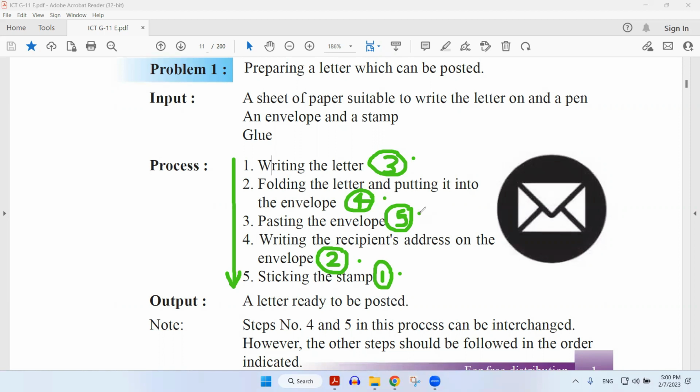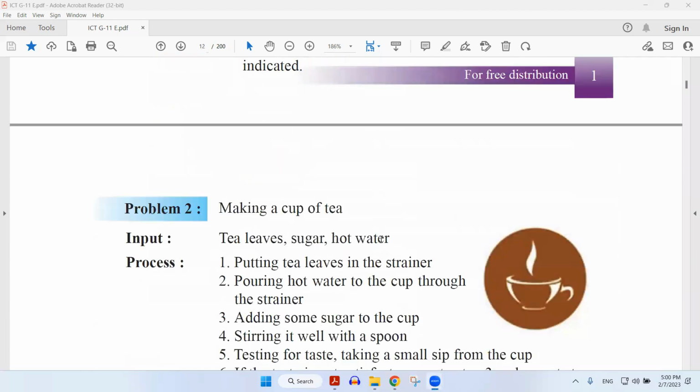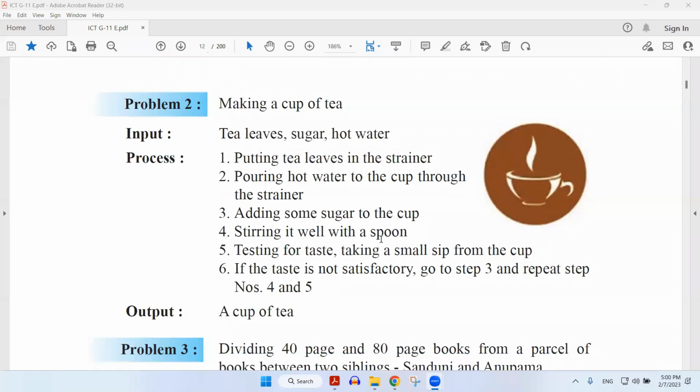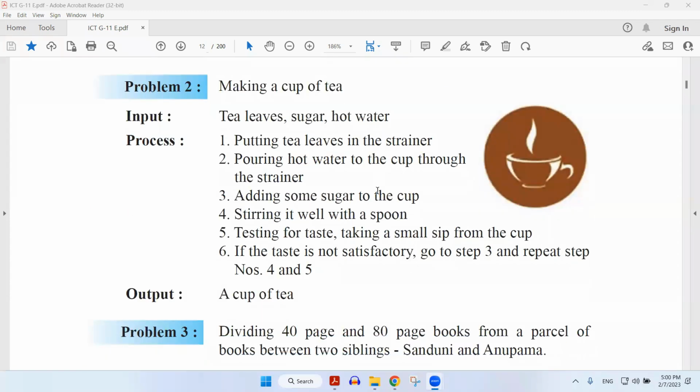Okay. Now, the next example which they are explaining here is making a cup of tea, right? They are talking about the inputs: tea leaves, sugar, hot water.